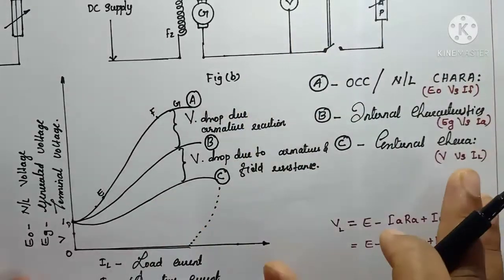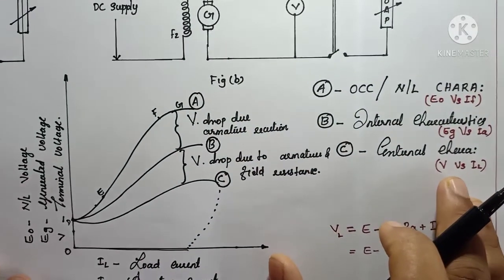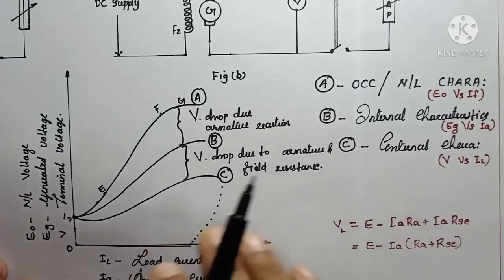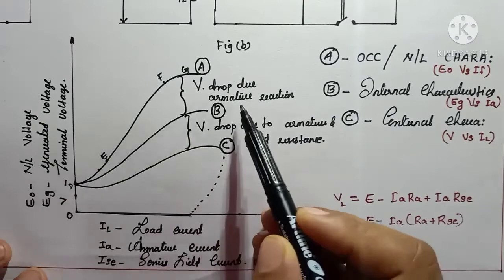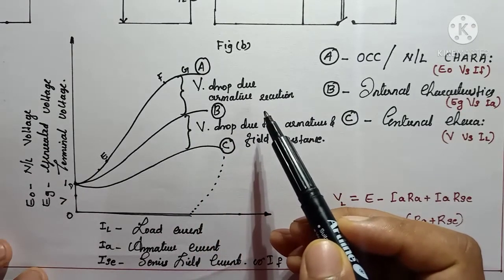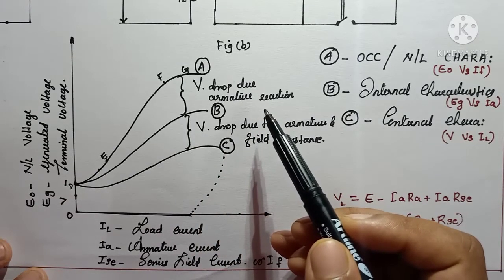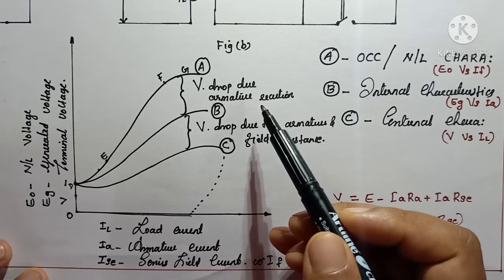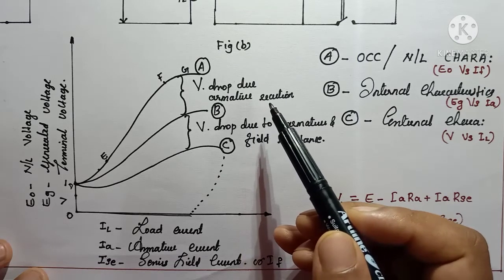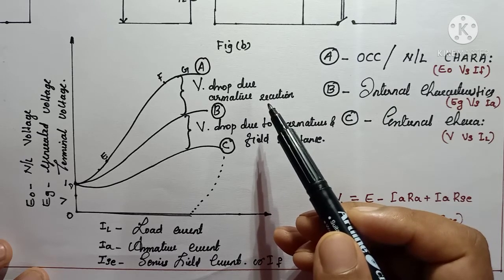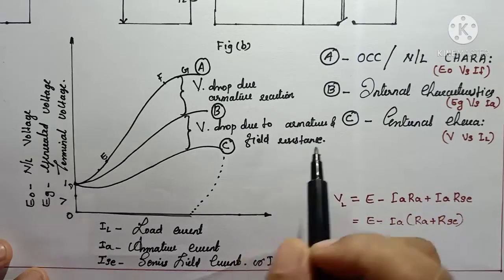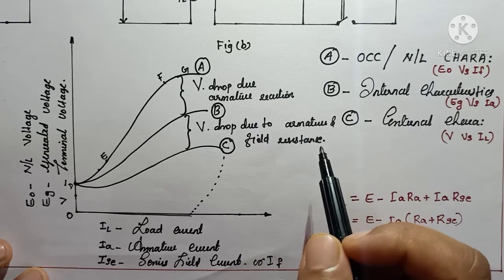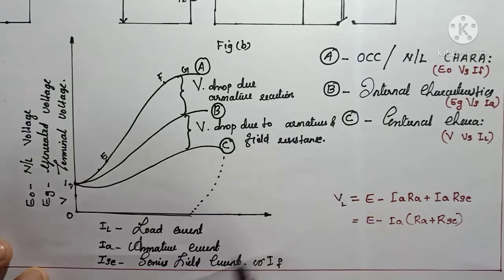The internal characteristics include the voltage drop due to armature reaction. The demagnetizing effect of armature reaction is considered. Demagnetizing effect of armature reaction means that if the load increases, the corresponding field current and the generated EMF, IA, will increase.